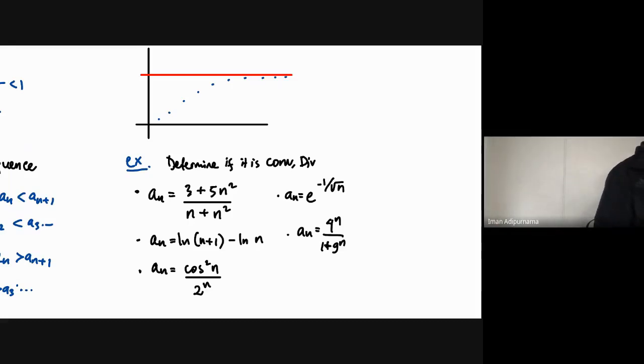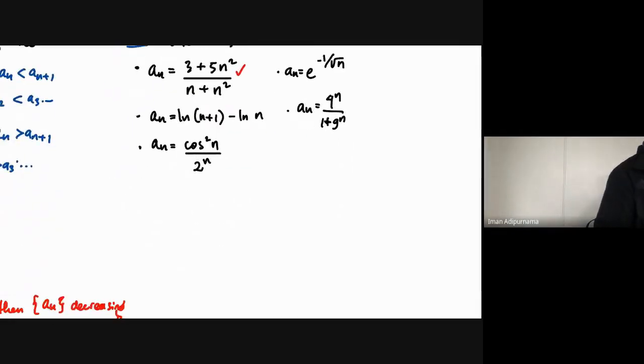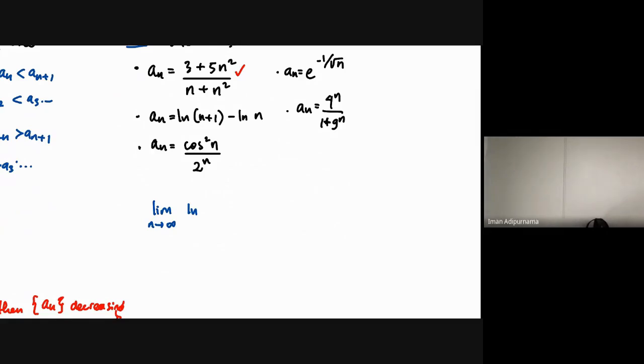I believe the first one is easy enough. Let me write the ln. ln of n plus 1 minus ln of n. Meaning we can write ln of (n plus 1) over n.